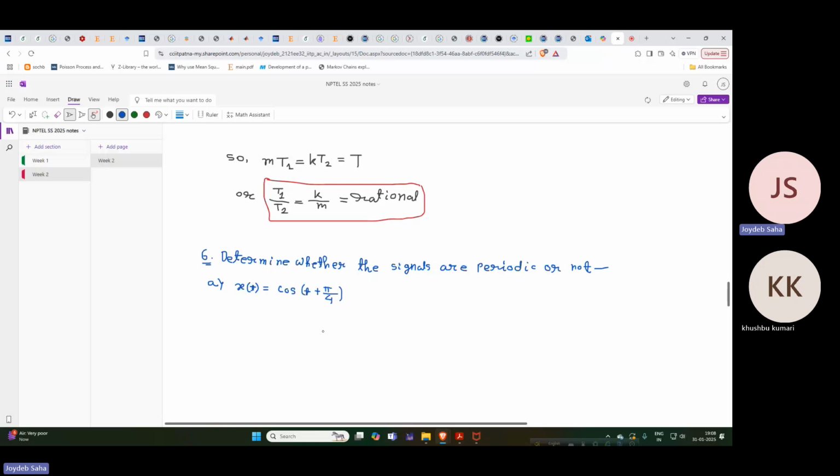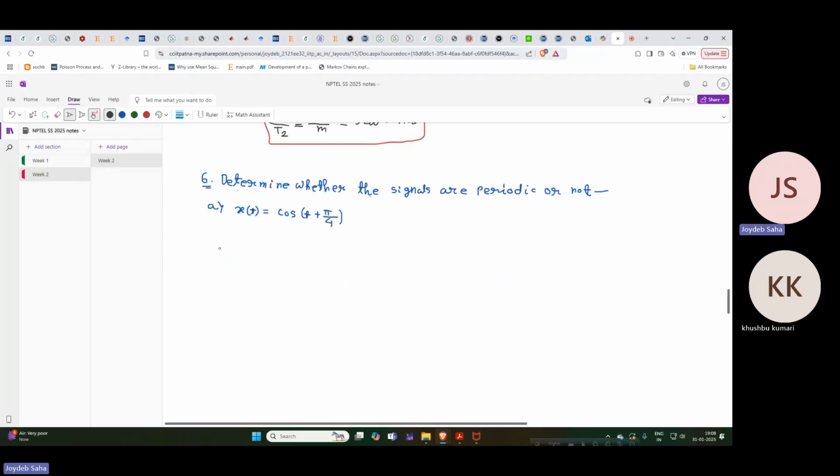This is the given signal. Our task is to find whether it is periodic or not. If it is periodic, we will also try to find the fundamental period. Okay, so let's solve. This is a very simple question. So you people will take 1 minute to try to solve this. And if you cannot do it, I will solve it for you.